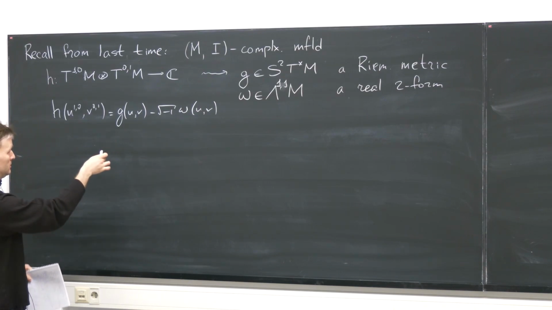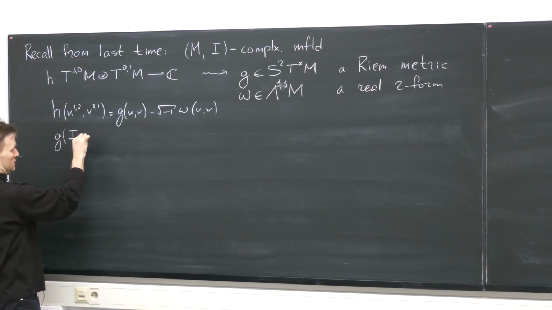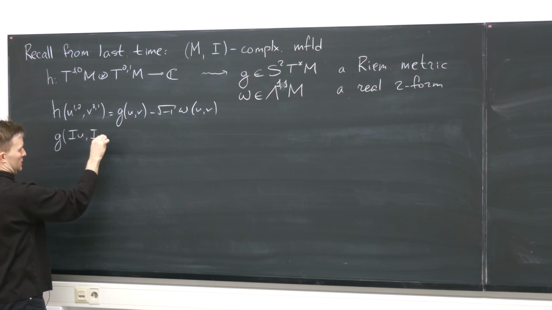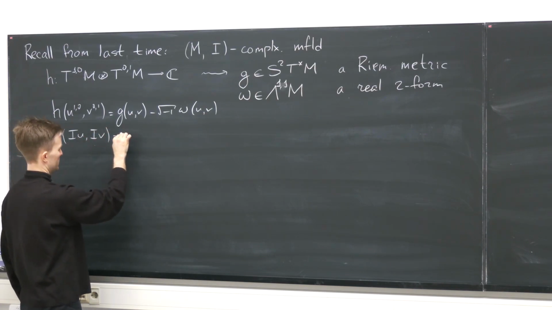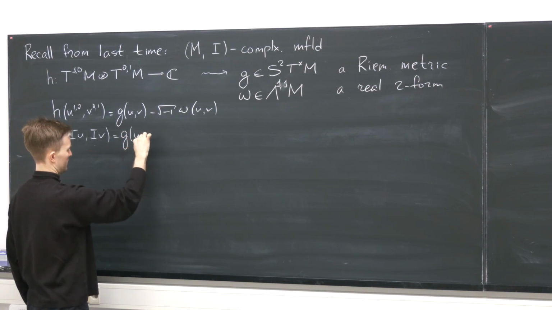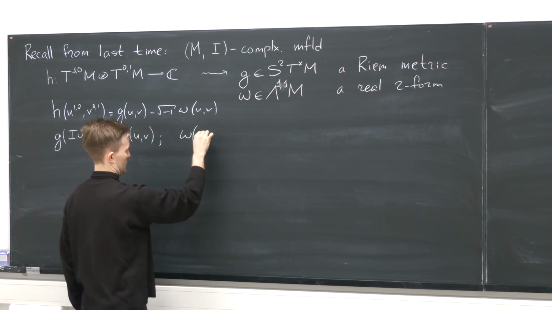We also have seen some properties. So the main thing to remember is that this G is invariant with respect to the action of the complex structure, and similarly for omega.